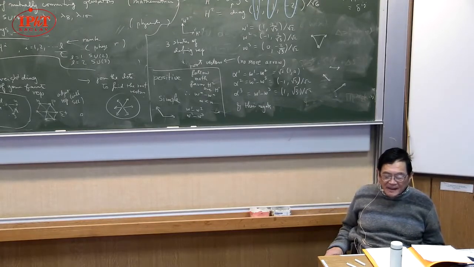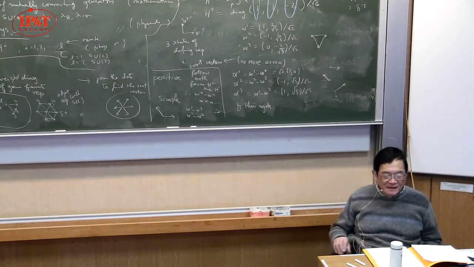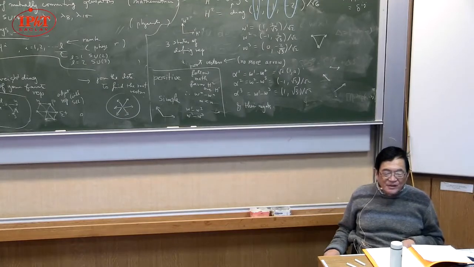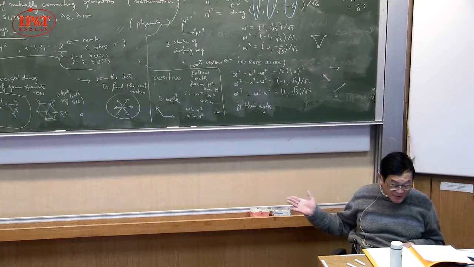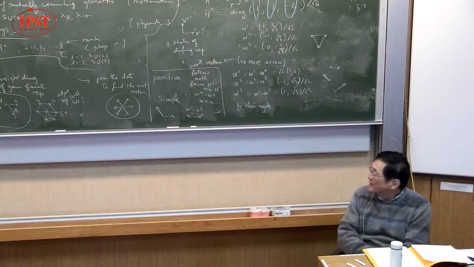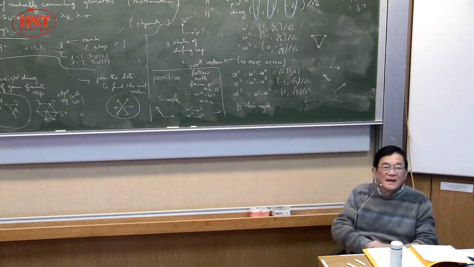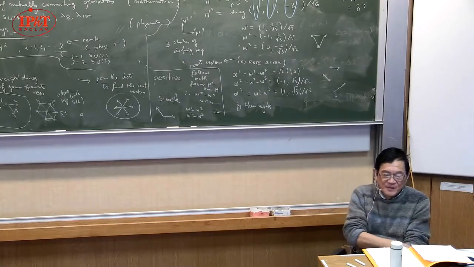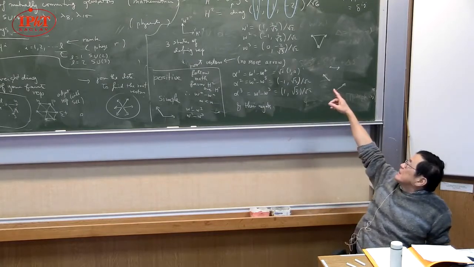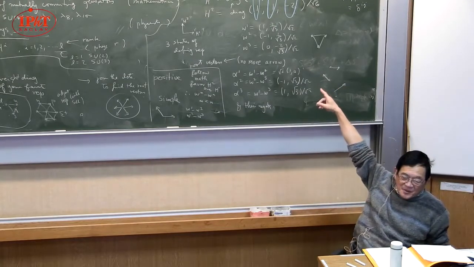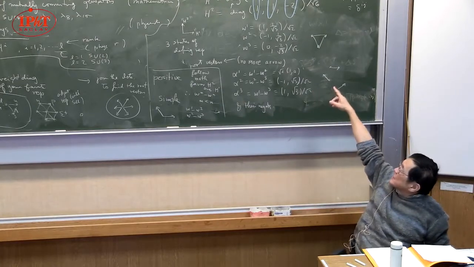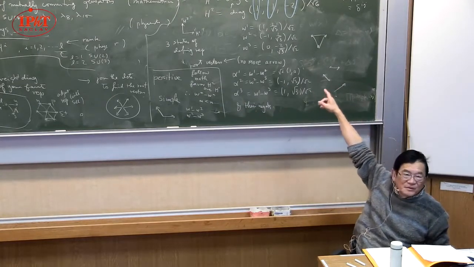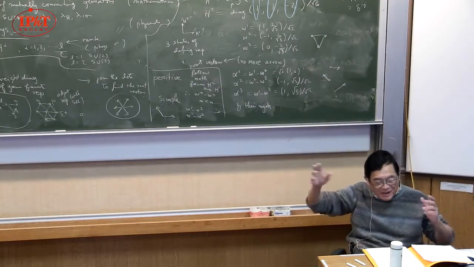I hope this is clear, and the students should then go on to work on SU(N), to write down the root vectors for SU(N). It's completely just like this, except that it gets very tedious, because with these normalizations, for general SU(N), as you can imagine, there will be many square roots of n times n plus 1, and so on.